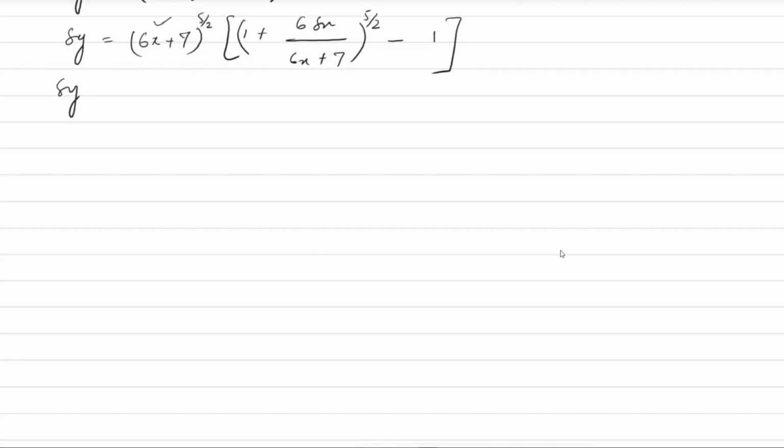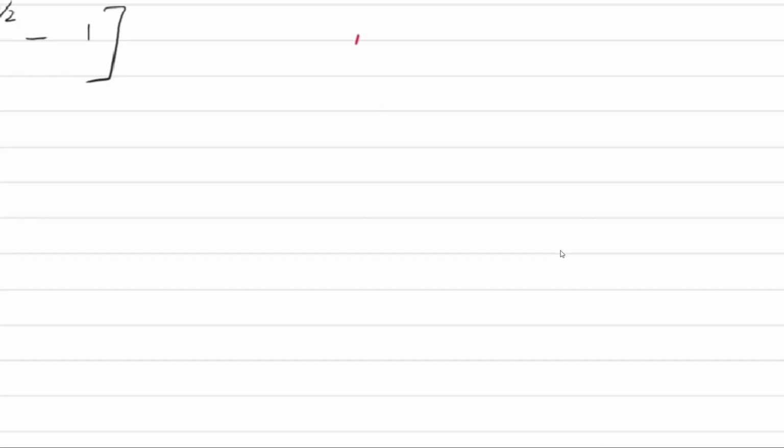Now delta y is equal to (6x plus 7) whole raised to the power 5 upon 2. We have to open this by the binomial theorem, and the binomial theorem is (1 plus x) whole raised to the power n is equal to 1 plus nx plus n(n minus 1) upon 2 factorial x square plus so on.